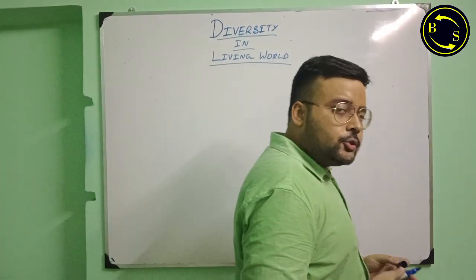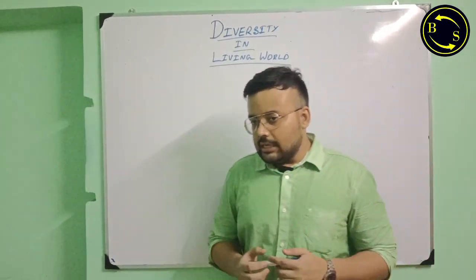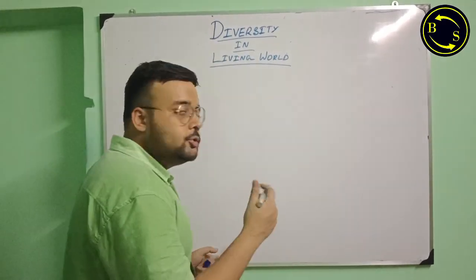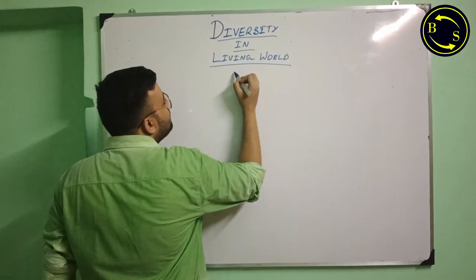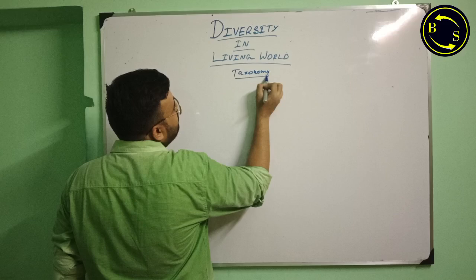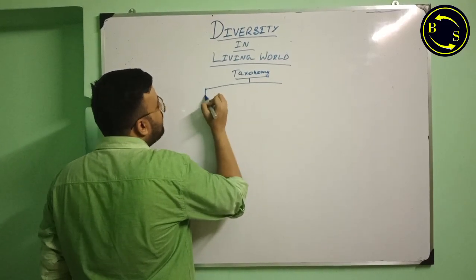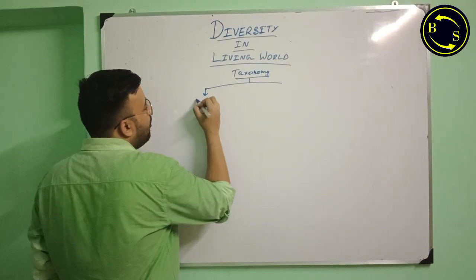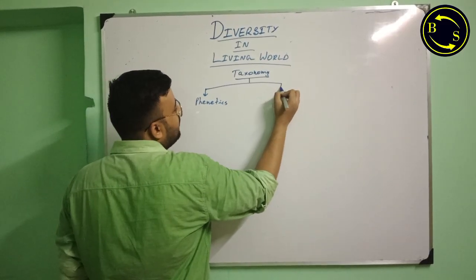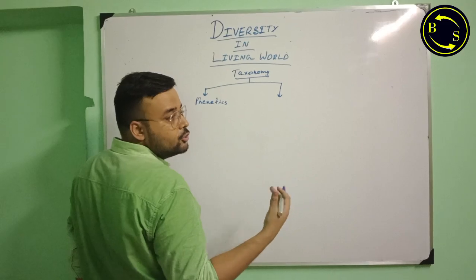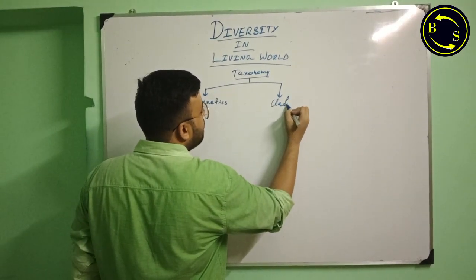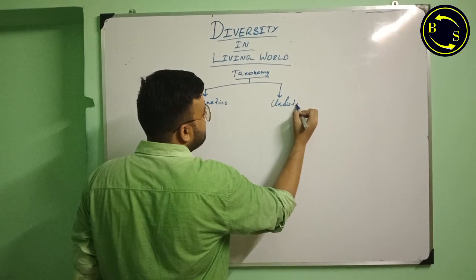So this taxonomy, as we have seen, can be divided into two parts. Taxonomy itself can be divided into two parts. One is numerical taxonomy or phonetics, and another is evolutionary or lineage based taxonomy called cladistics.